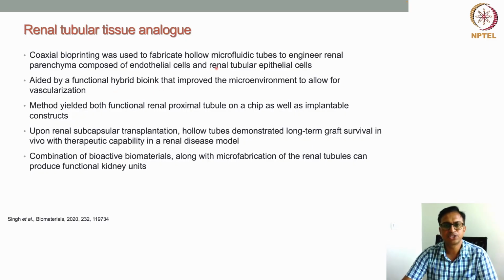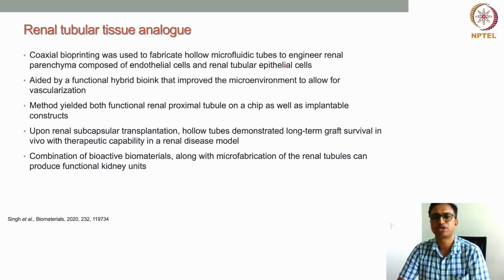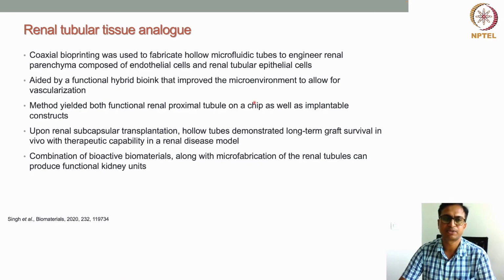That bioink was used to generate these hollow microfluidic tubes for engineering a renal parenchyma composed of endothelial cells and renal tubular epithelial cells. So these two cell types they used to generate this kind of renal parenchyma.